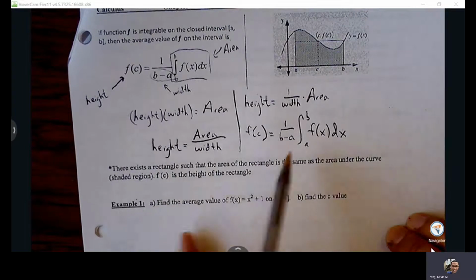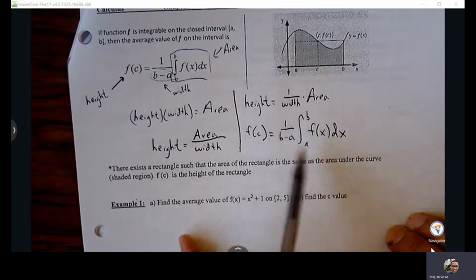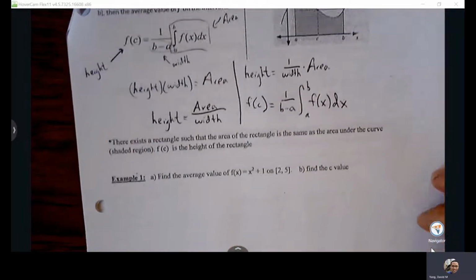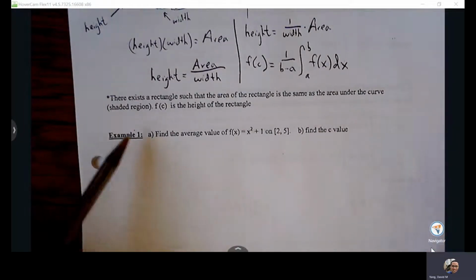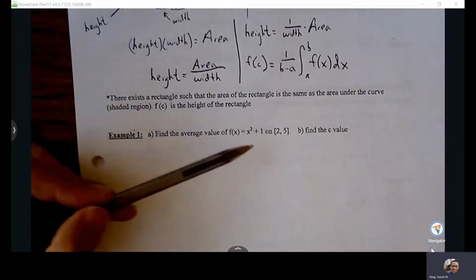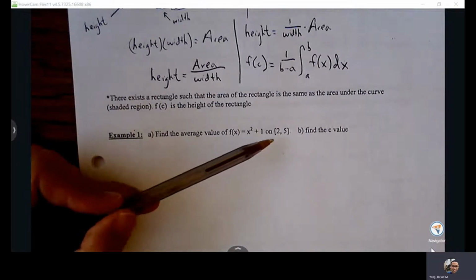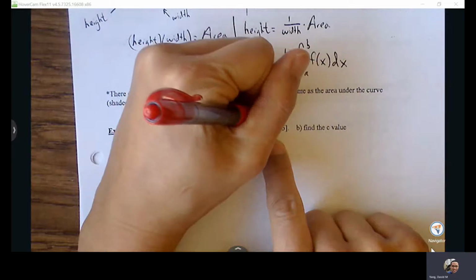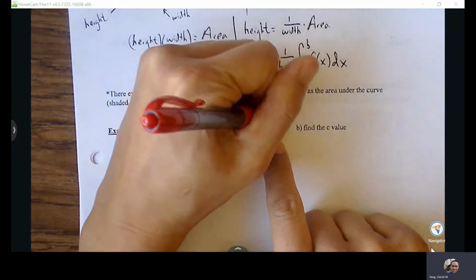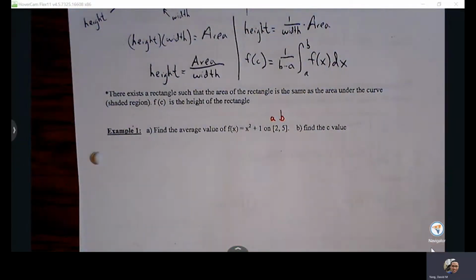Okay, so let's look at example 1 and see if we can follow through applying this average value theorem. Part A, for example 1, says, find the average value of the function x squared plus 1 on the interval from 2 to 5. So think of your A value as your 2 and your B value as 5.